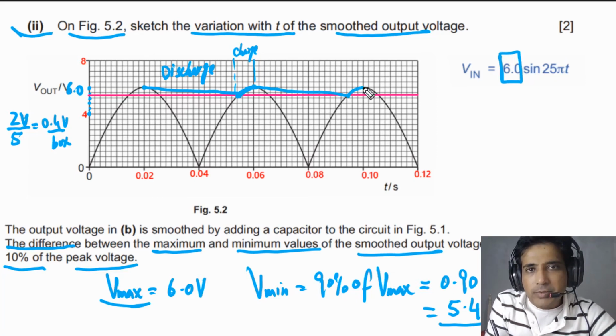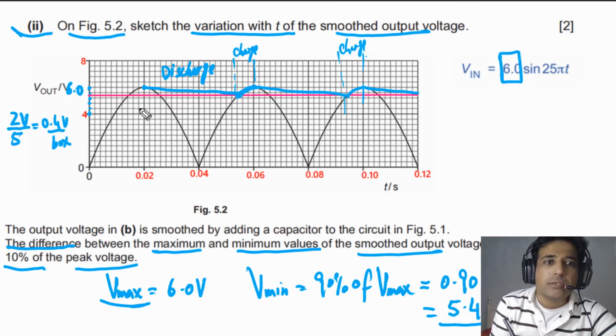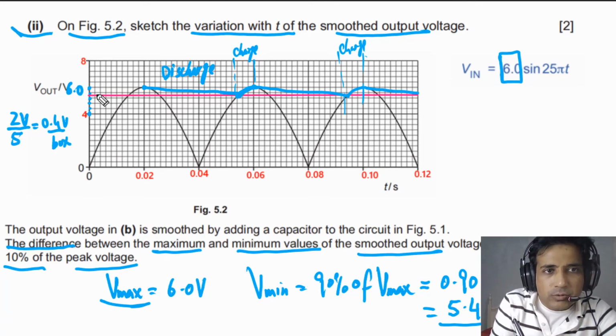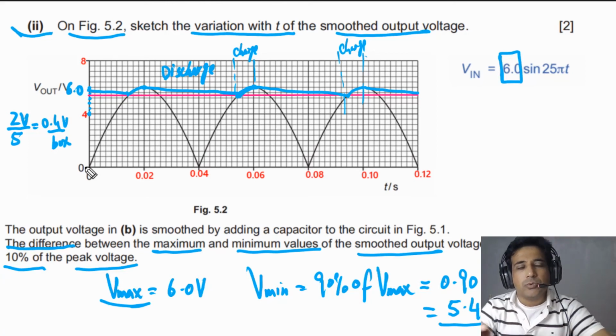Again here the capacitor will start charging. So between these 2 points the capacitor will charge. And here the capacitor will again discharge. Here you can also draw the capacitor will discharge, and the capacitor will charge again. So this is how you need to sketch the curve.